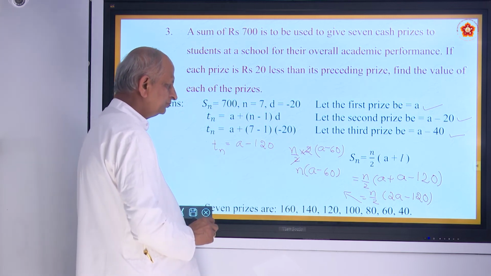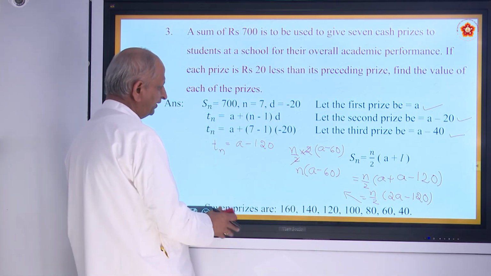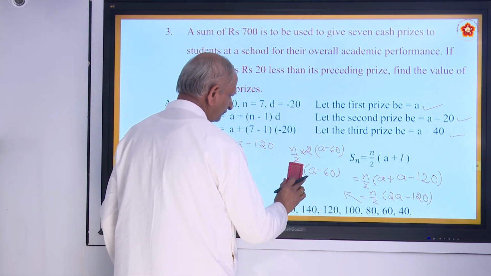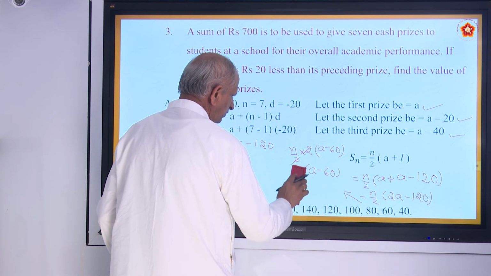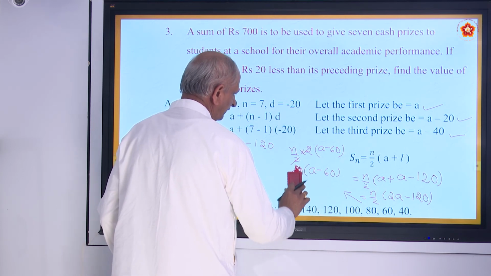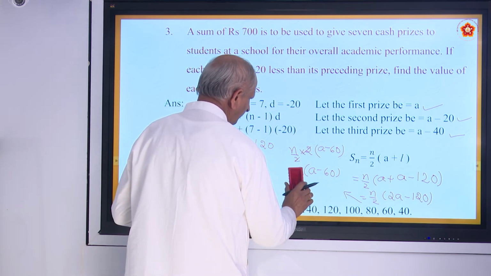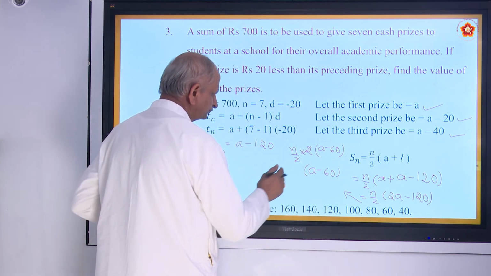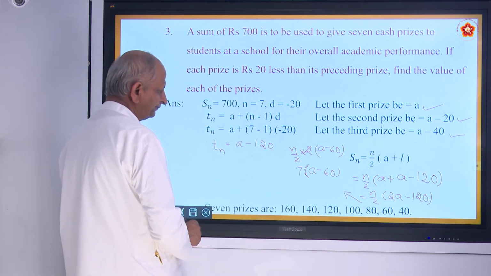Is it not? So, the number of prizes we know, that is 7. That value you take as 7. So, 7 into A minus 60.